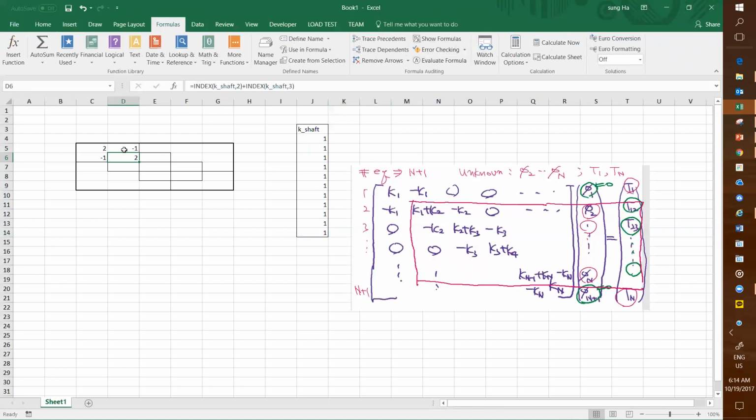Well, so this one now is minus K3, right? Minus K3. And this one will be asymmetric. So we keep doing that. We can just copy and paste and so on.